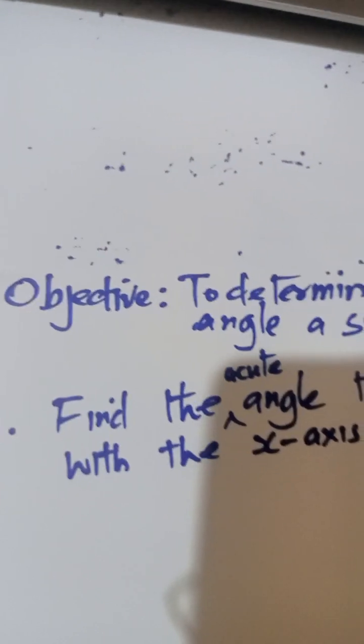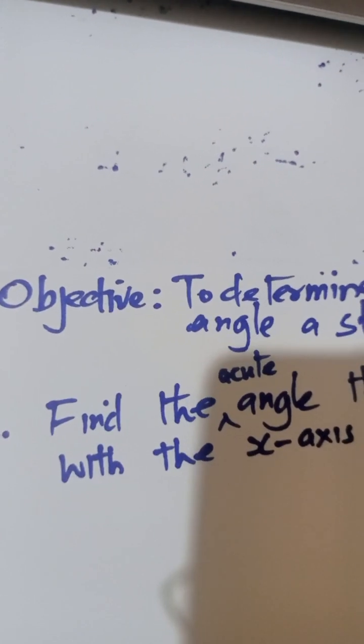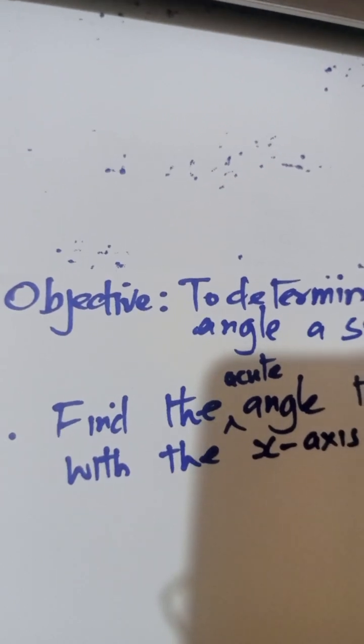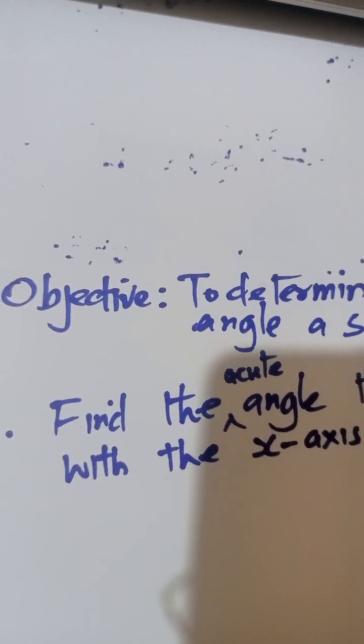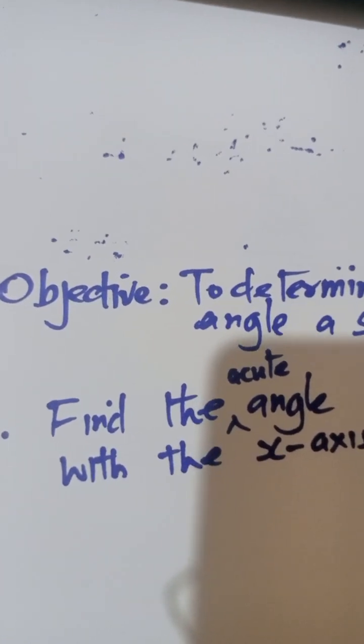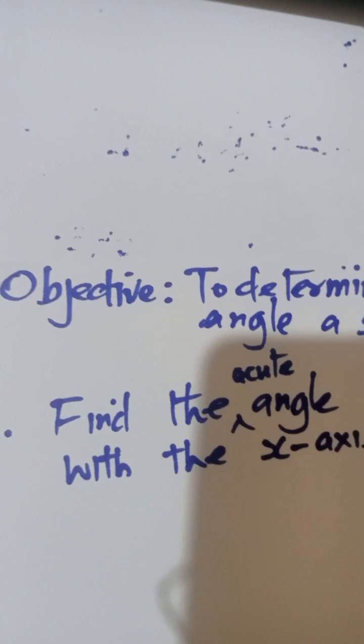We want to look at how to determine the angle that a straight line makes with the x-axis in a Cartesian plane without first having to draw.